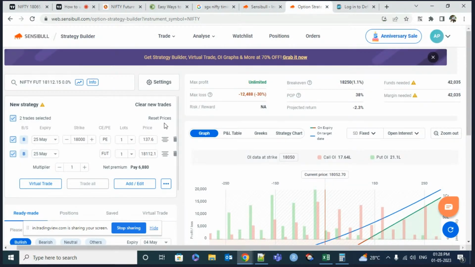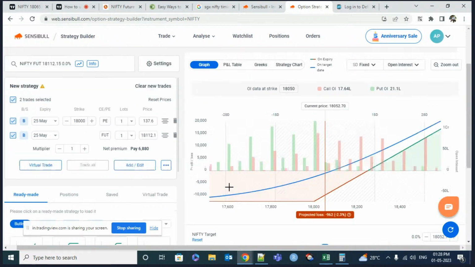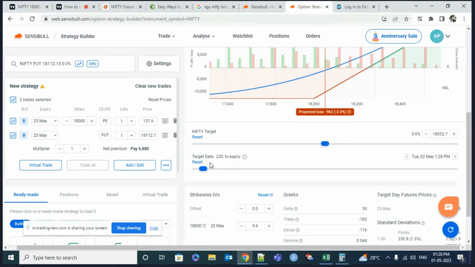The other advantage, as I said, is that you can directly log into your brokers. There are only a few selected brokers in this. Then build your strategy here, understand your risk rewards, how much margin is required and so on. Once you are fine with all this, with a single buy button, it will execute your basket order into your brokers. So you don't have to worry about which has to be executed first and second and so on.